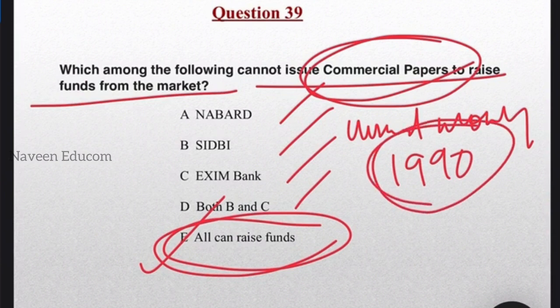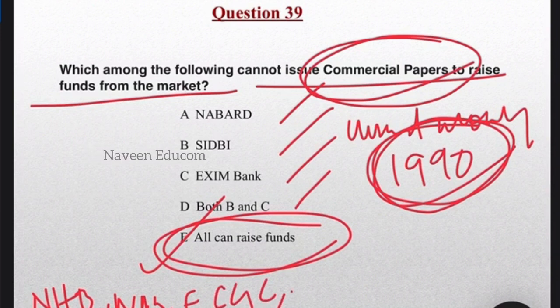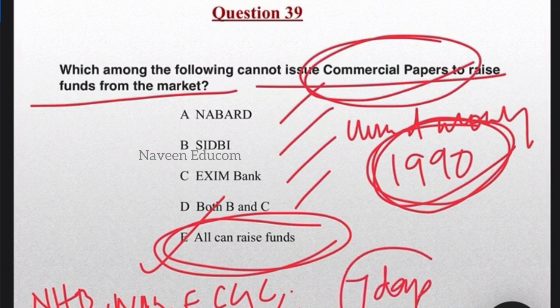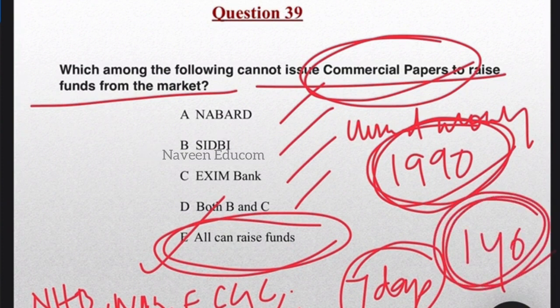This was first issued in India in the year 1990. These instruments can be issued by corporates, primary dealers, and all India financial institutions such as NHB, NABARD, SIDBI, Exim Bank, ECGC, etc. Commercial papers can be issued for a minimum period of 7 days and the maximum period of 1 year.